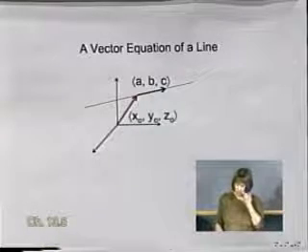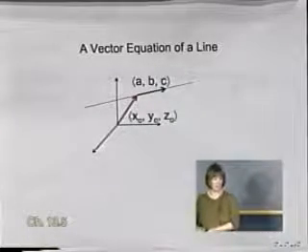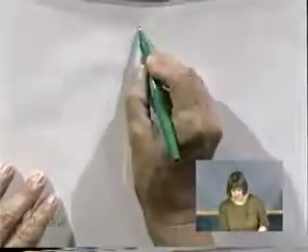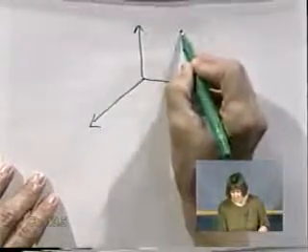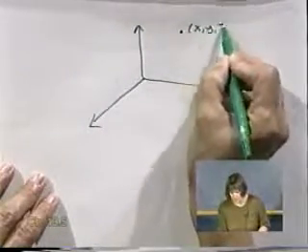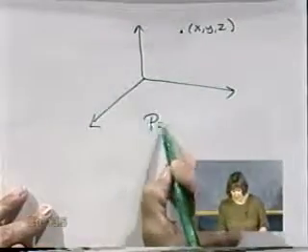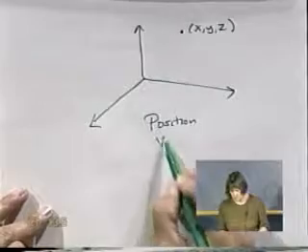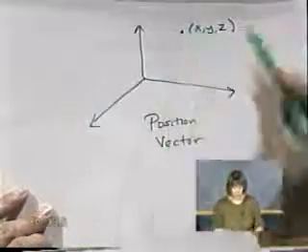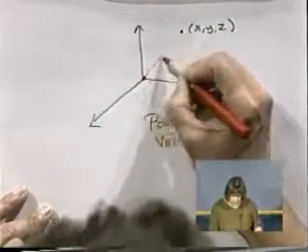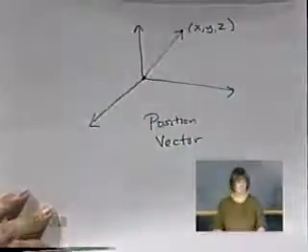All right, now I want to go over a little bit of what's a position vector. So let's do that first. If you're in 3-dimensional space, and you have some point, let's say x, y, z, up here in 3-dimensional space, the position vector denoting that point is the vector that starts at the origin and ends at that point.